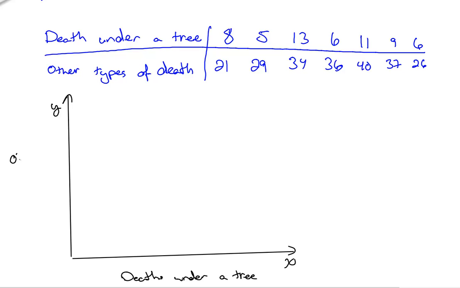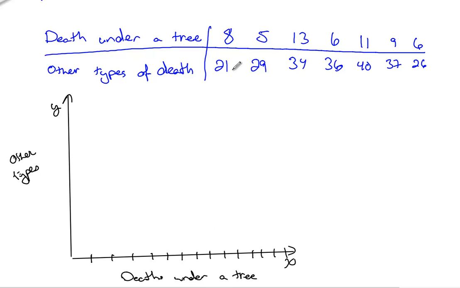And over here we have other types of death. Okay? And so notice that under a tree we range anywhere from 5 up to 13. So I'm going to come down here 1, 2, 3, 4, 5, 6, 7, 8, 9, 10, 11, 12, 13, 14. Hopefully sometimes we can have those evenly spaced.